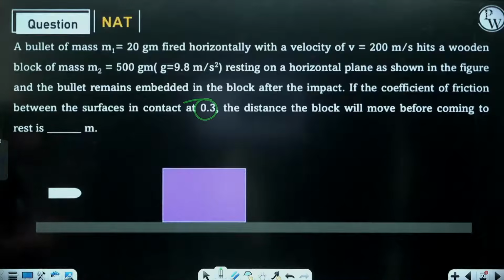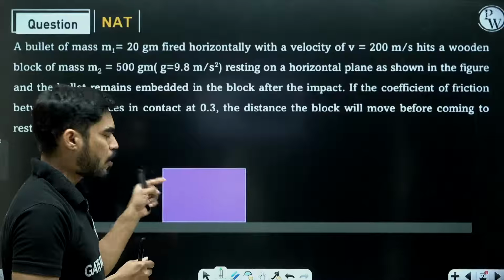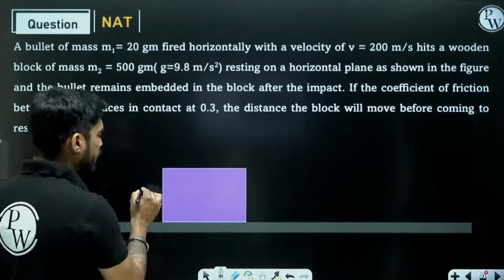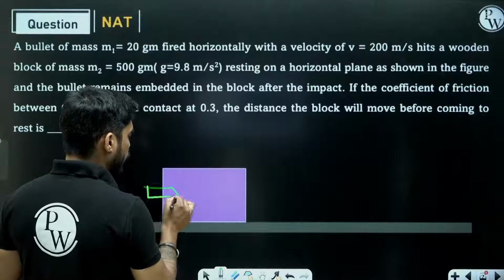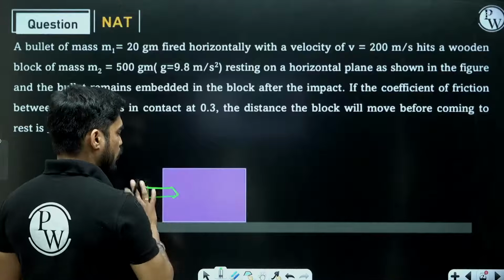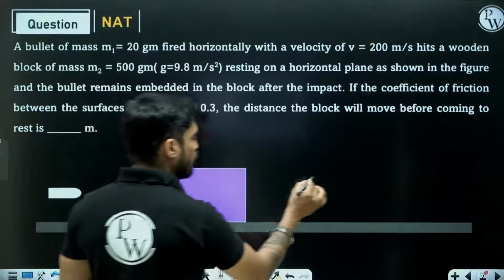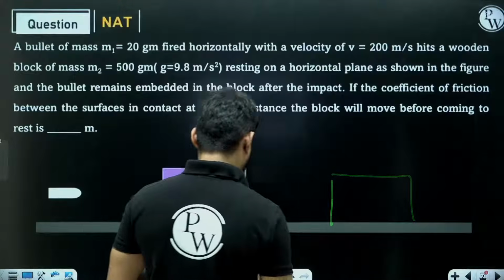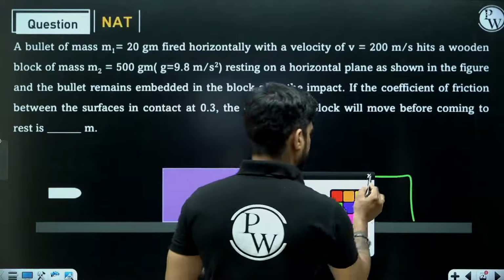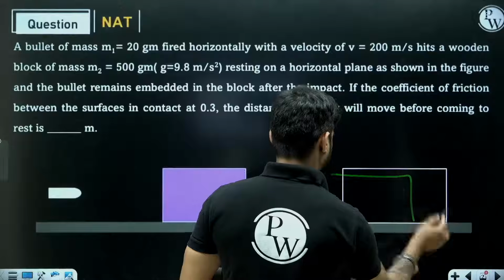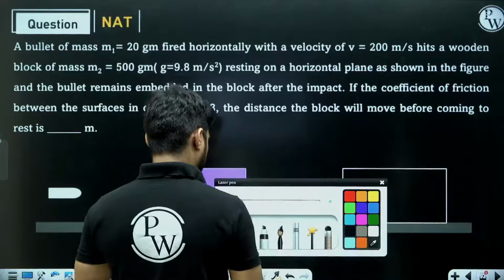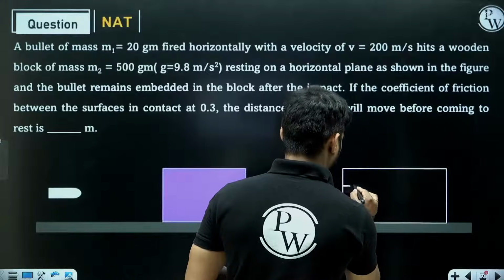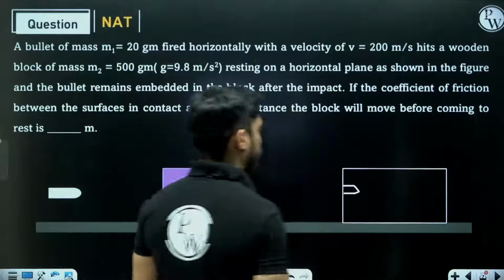So understand what is happening. When we hit this block with the bullet, the bullet will get stuck. So both these bodies will now move together like this. They will move together and let's say they reach here, the bullet and the block.